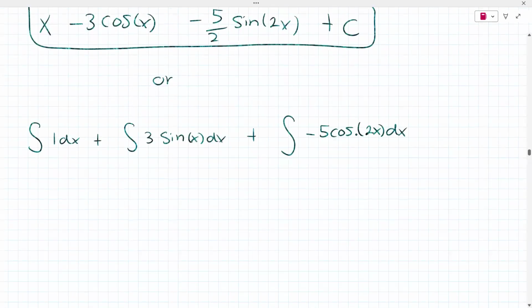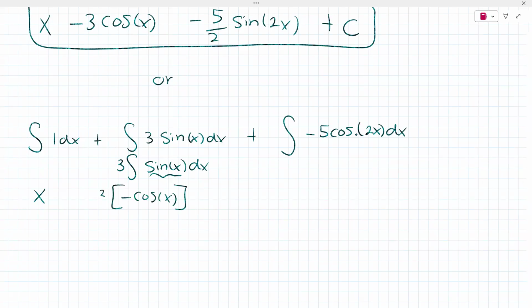So let's look here. What's the integration of 1 dx with respect to x? x. Over here, you have this 3, you could just bring it in front of the integral. And then what's the integration of sine of x? Yes, it's negative cosine of x. And then don't forget to multiply this by 3. Over here, you have a constant of negative 5, so you could put that in front of the integral.